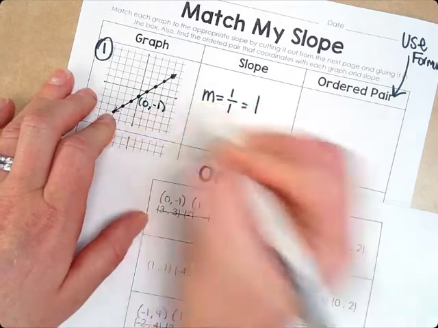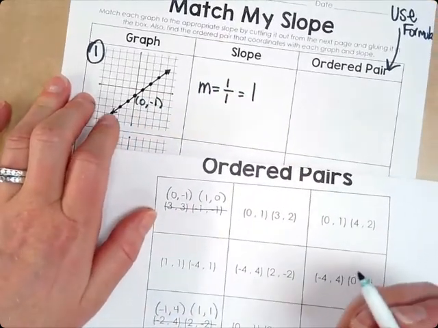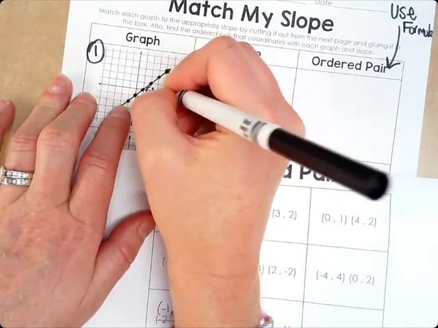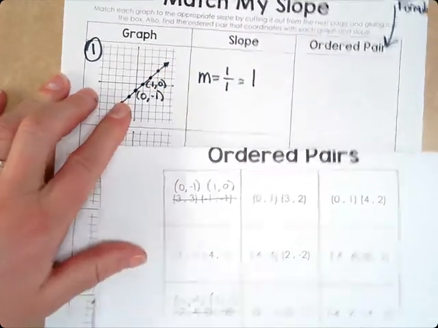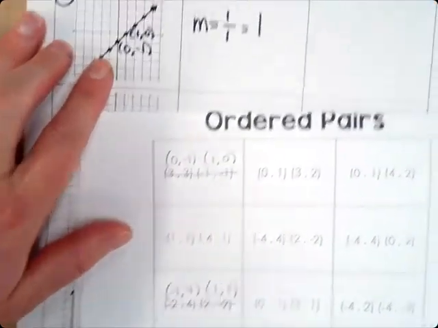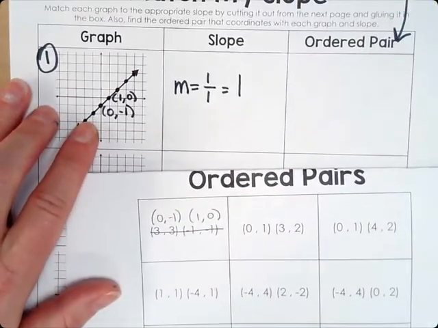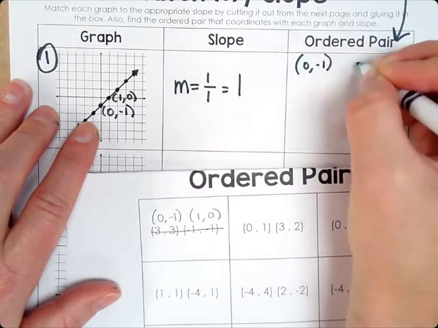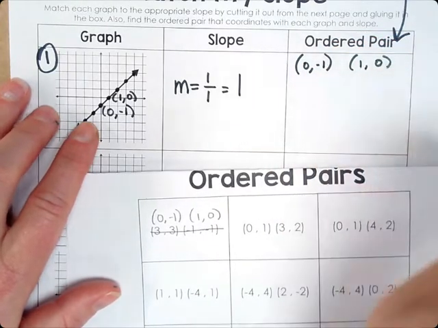Go ahead and label it on your graph. And 1, 0 is right there. So I have my points, 0, negative 1, and 1, 0.